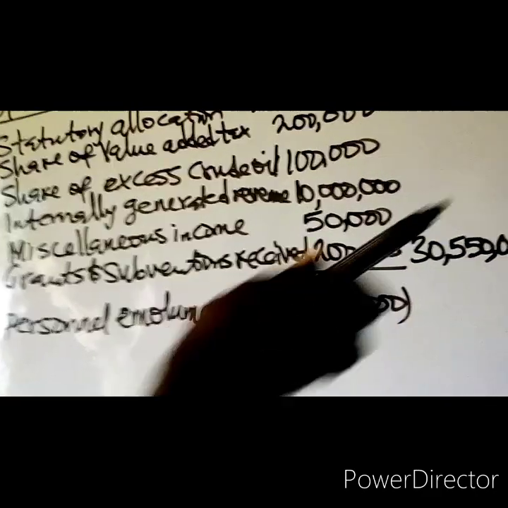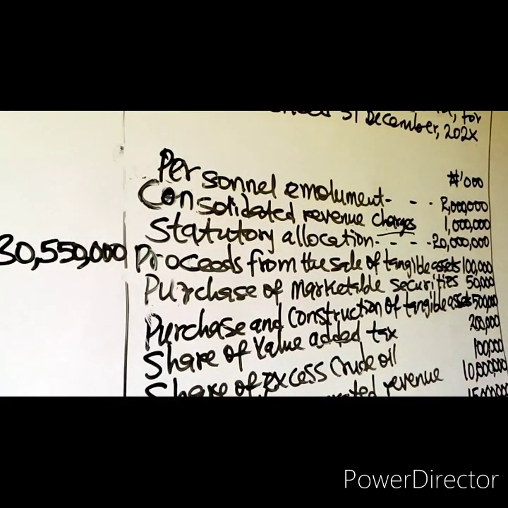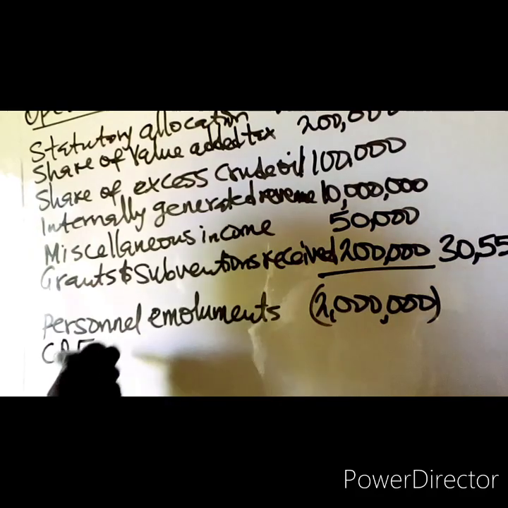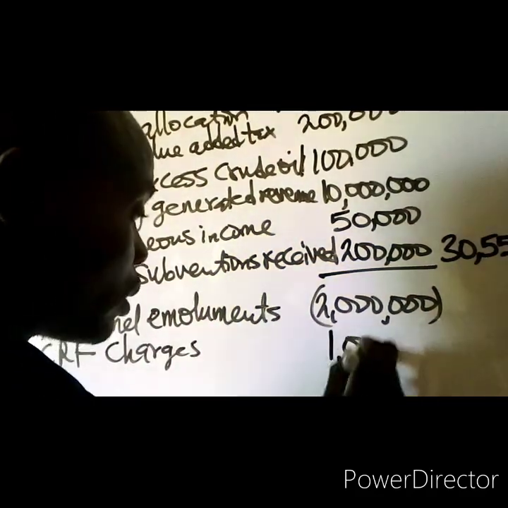Then consolidated revenue charges. CRF, consolidated revenue fund charges, which is 1 million. So you are going to less that.